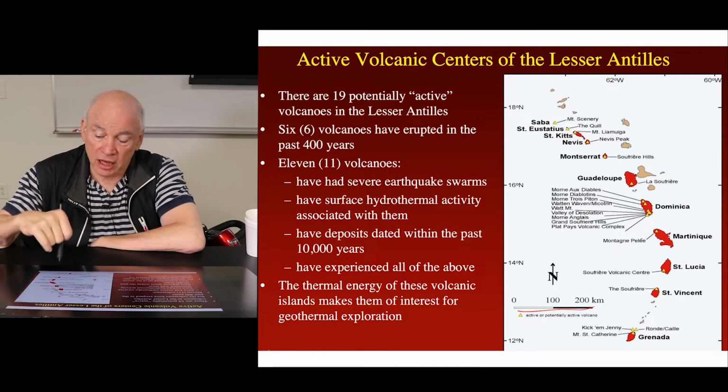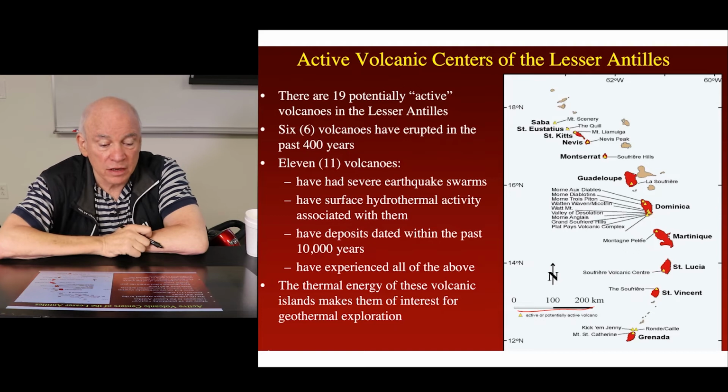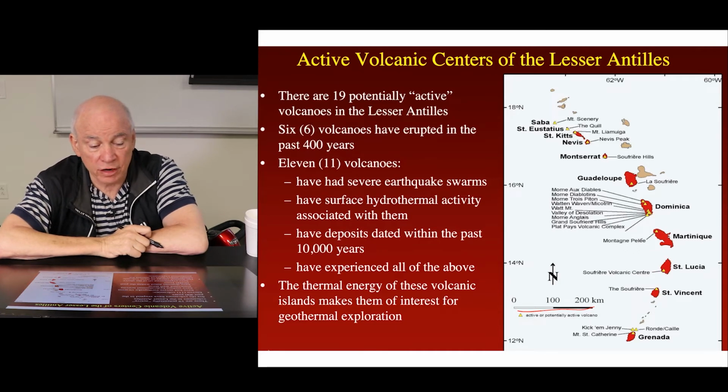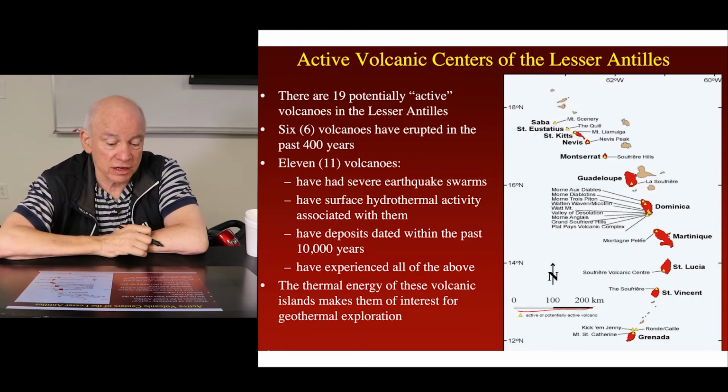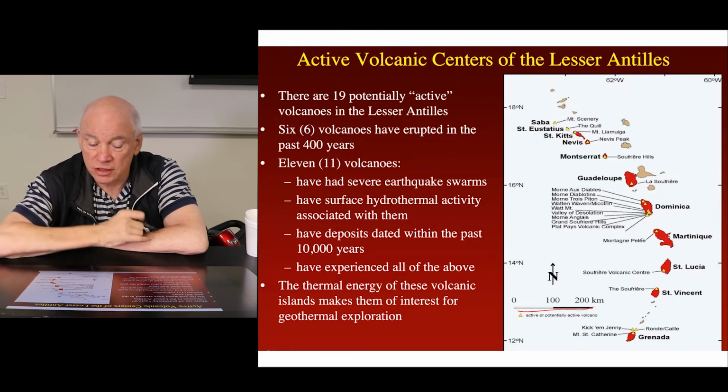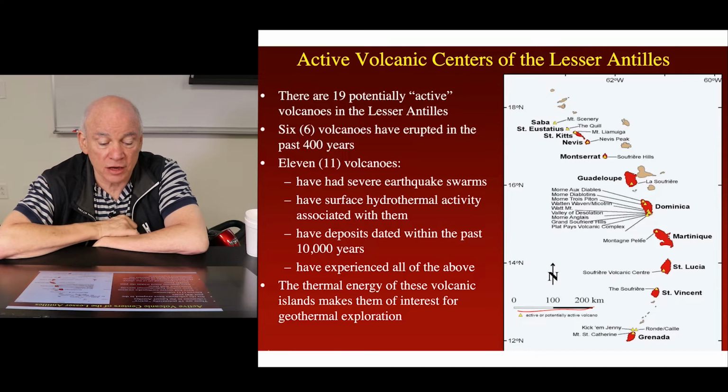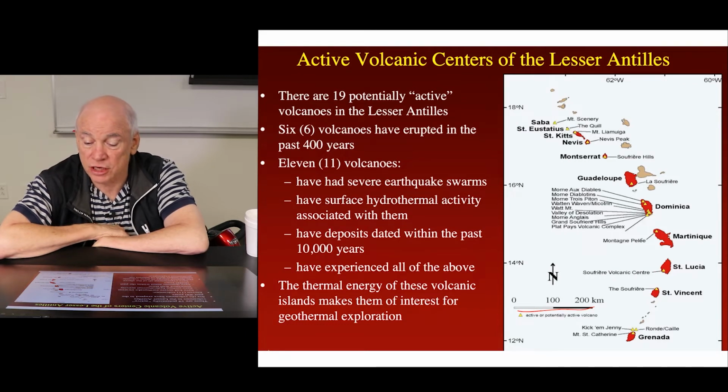There's a lot of little islands in here. 6 volcanoes have erupted over the last 400 years. 11 volcanoes have had severe earthquake swarms, which is a sign of magma moving up the conduit. Have surface hydrothermal activity associated with them, which means they've got fluids that are moving around, and have volcanic deposits that have been dated within the last 10,000 years.